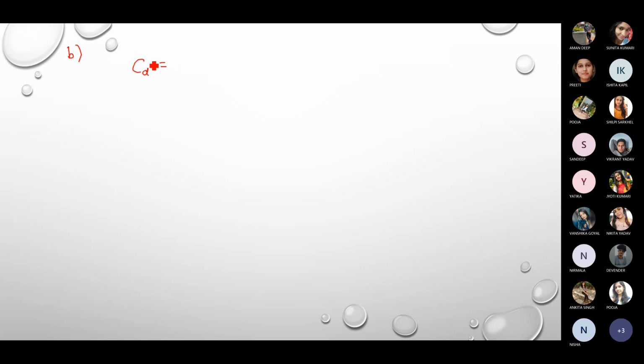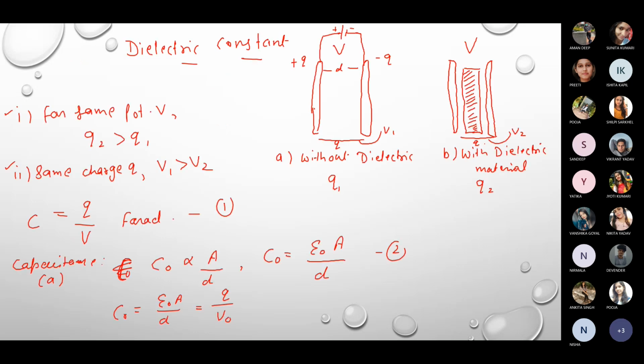if a dielectric material is inserted into the region within the plates, then the capacitance denoted by C D, the capacitance with dielectric, is equal to epsilon A upon D, where epsilon is the permittivity of the dielectric material, and this is further equal to Q upon V d, where V d is the potential difference with the dielectric, right? So V d is the potential difference with the dielectric and V naught is the potential difference without dielectric.